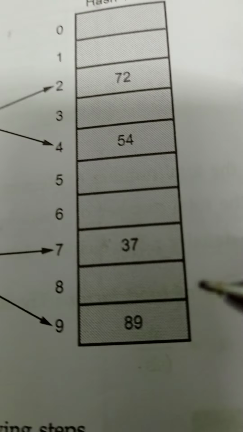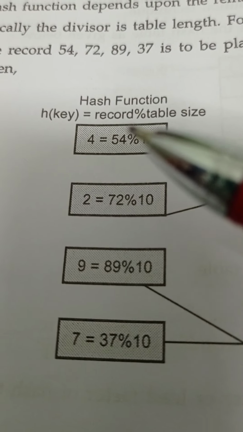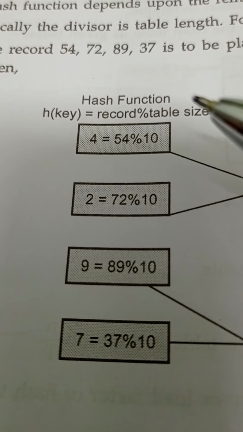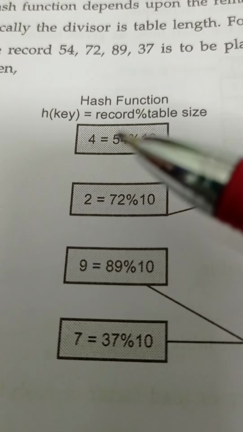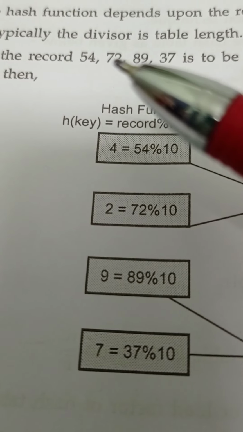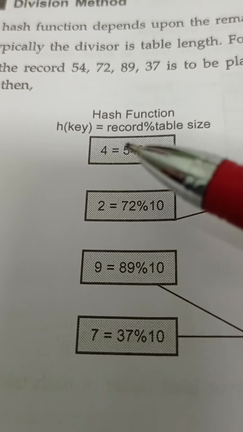If the hash table size is 10, how can we store this data into the table? The hash function is record modulus of table size. Here the table size is 10. Whatever the elements, whatever the data, those are called records.